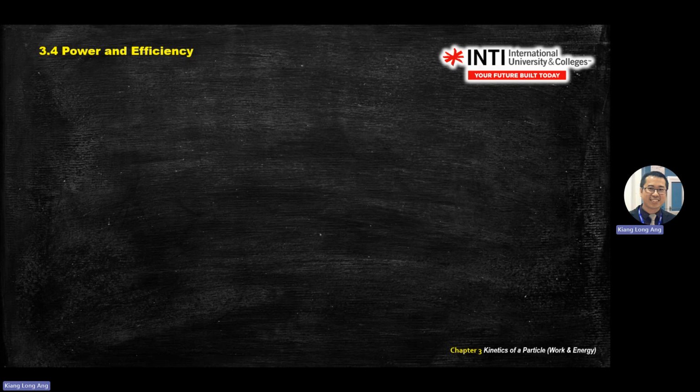There are two kinds of energy that you learn in chapter 3, potential and kinetic. So far we learn about kinetic, which we represent with capital T. Potential, later we will represent with one more symbol.